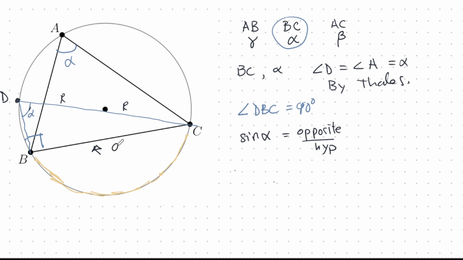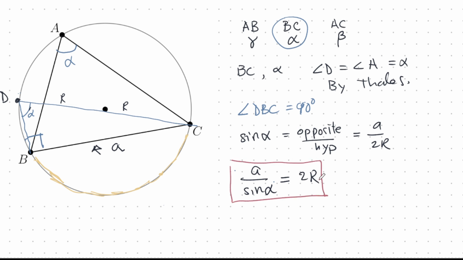And this side is opposite big A vertex, so that's little a. So a over 2R. Well, that's very good. So we have a over sine alpha is 2R. That's really nice. That's our first one done.